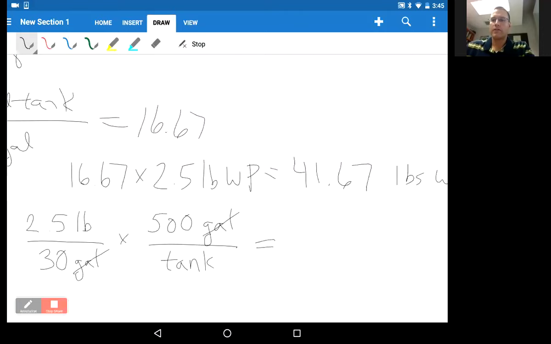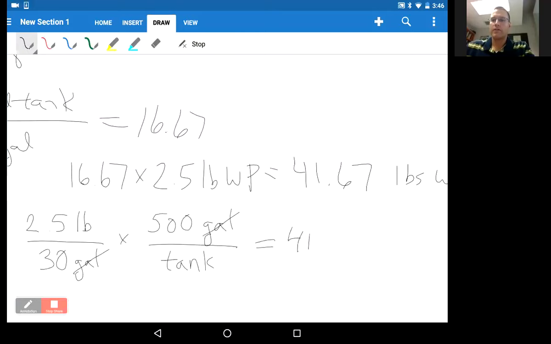So 2.5, just make sure this works. So 2.5 times 500 divided by 30 is 41.67.